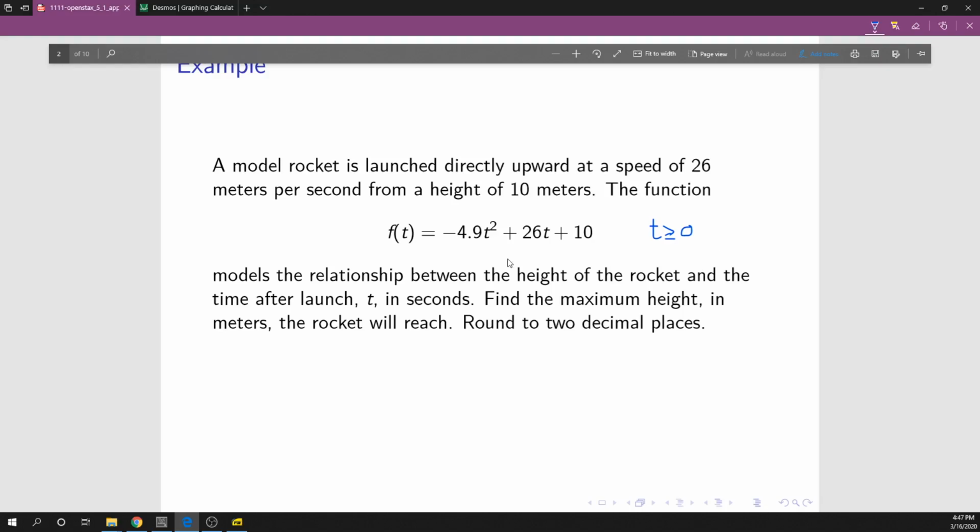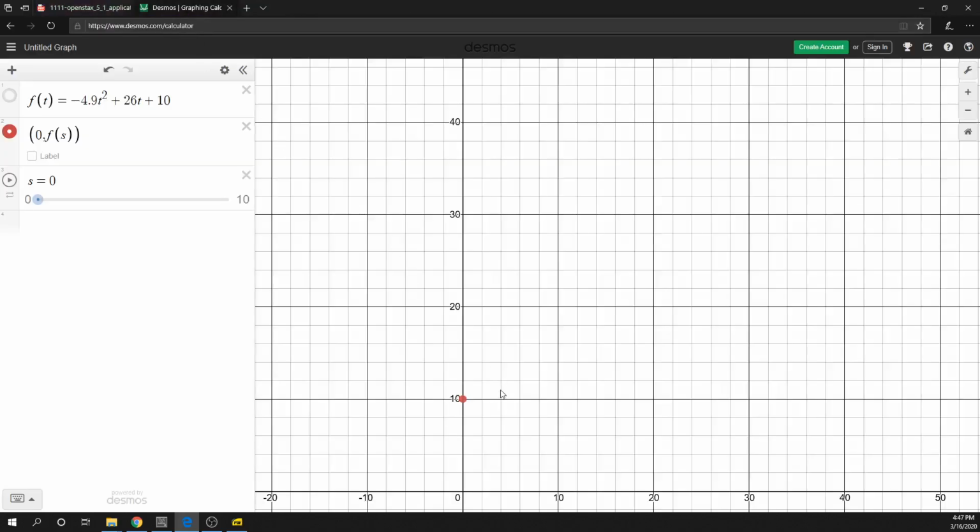Okay, over in Desmos, I have this function already typed in, and I have a little demonstration. This red dot is the rocket. Let's go ahead and fire it off, and you're going to see it goes up into the air and then falls back down into the ground.